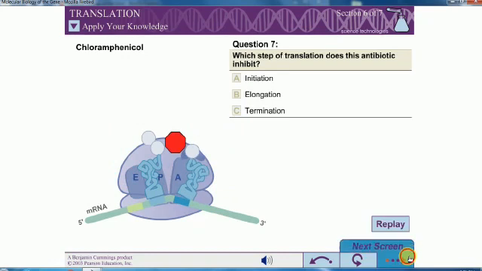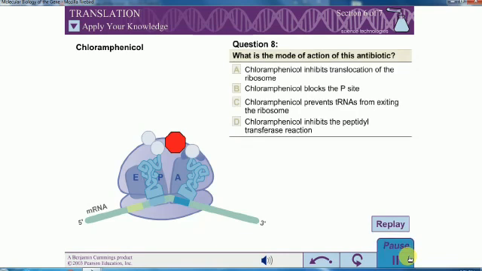What is the mode of action of this antibiotic? Question 9.